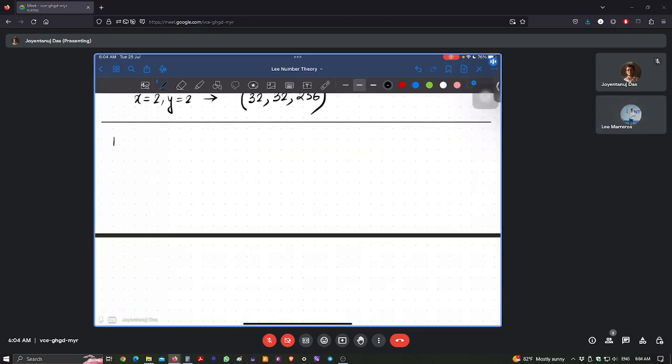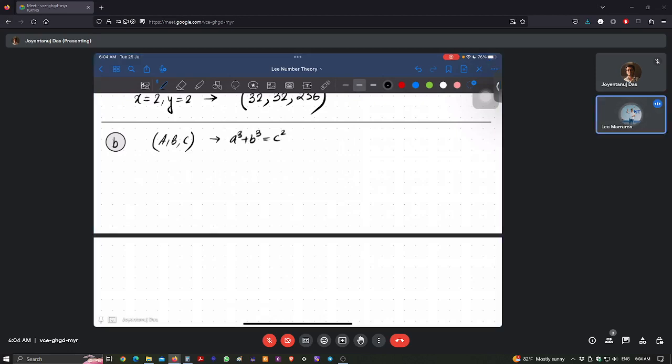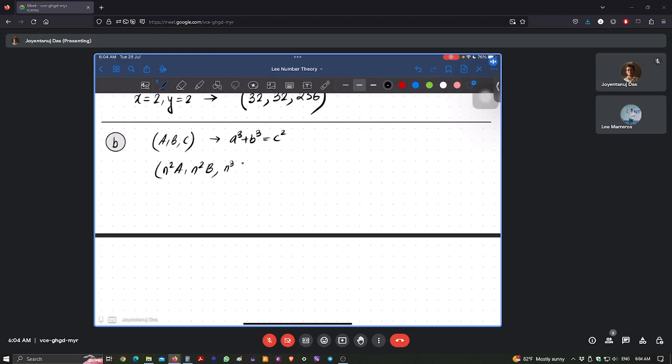So part B, they are saying ABC is a solution to star. That is our original equation, a cube plus b cube equals c square, and n is any integer. Show that n square a, n square b, and n cube c is also a solution.